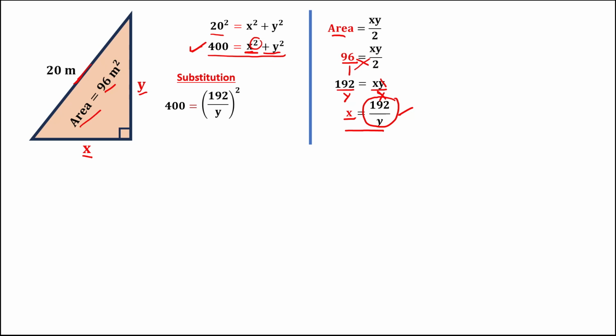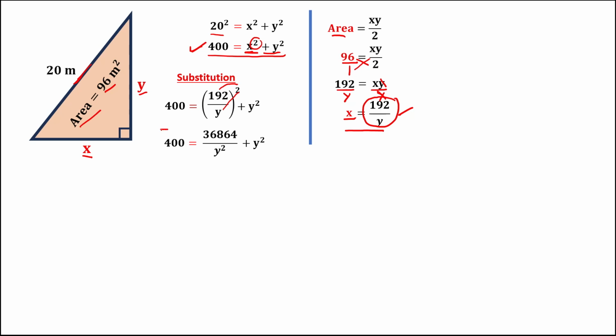Then bring down y to the power 2. To simplify, 192 to the power 2 is 36,864, so this is equal to 36,864 over y to the power 2 plus y to the power 2.